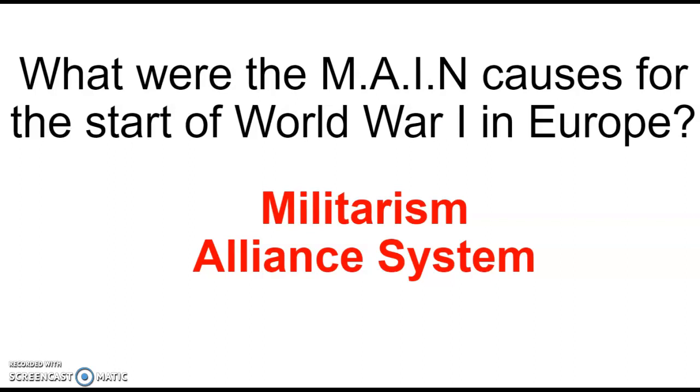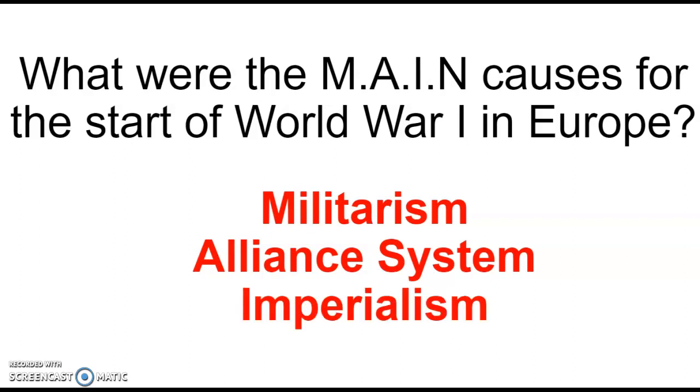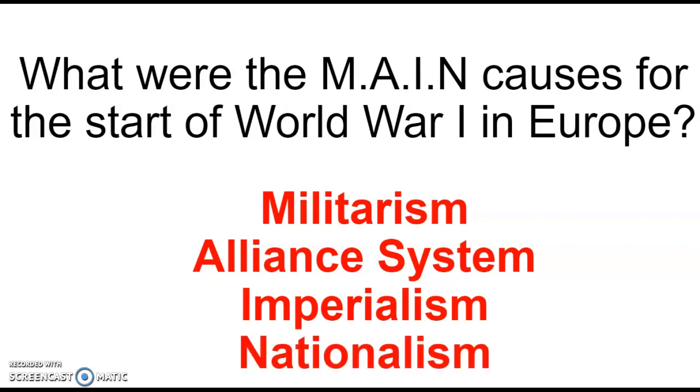And so the alliance system is like that: countries picking other countries that will help them win and defeat other enemy countries. Imperialism, expansion of empires to other parts of the world. And finally, nationalism, an intense patriotic devotion to your country. So those are the main causes of the start of World War I in Europe.